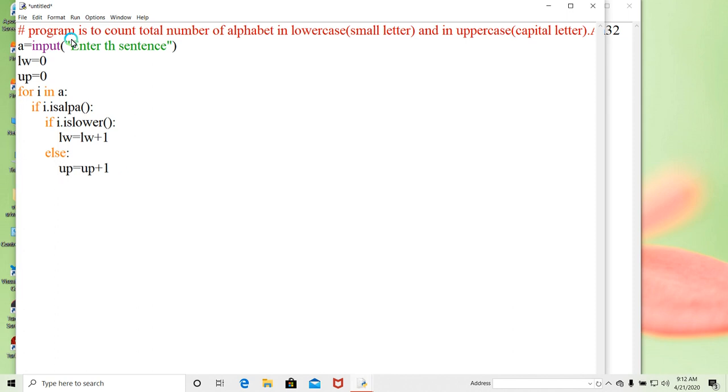Clear? Because first of all I have to check whether I is an alphabet or not. If it is an alphabet, then I can check here whether it is lowercase or uppercase, and if it is an alphabet and it is not lower, so definitely it is uppercase.